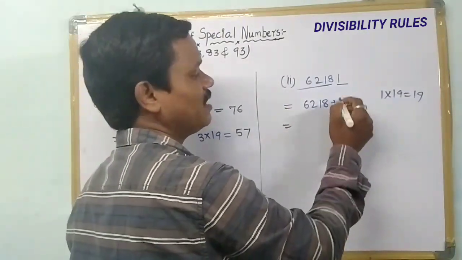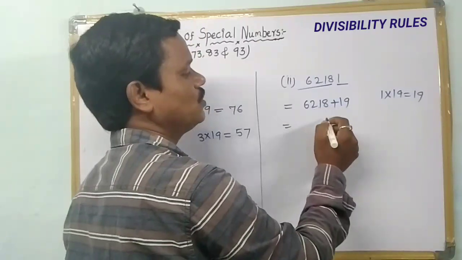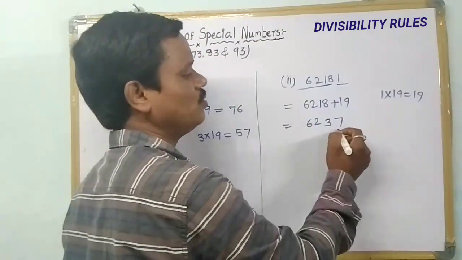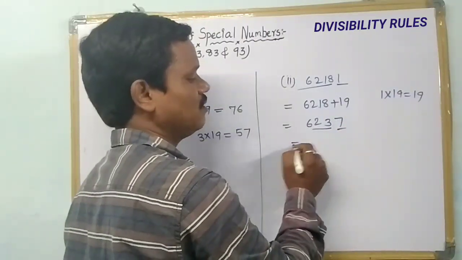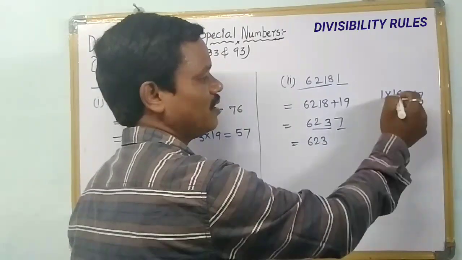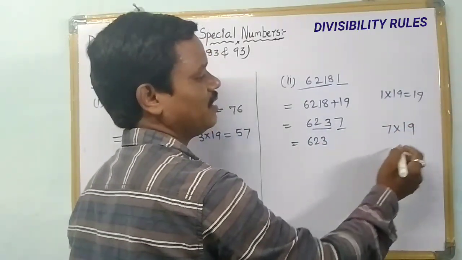8 plus 9 is 17. 6237. Now divide it into two parts. First, second. Write the second part as it is. Multiply the first part number by 19.